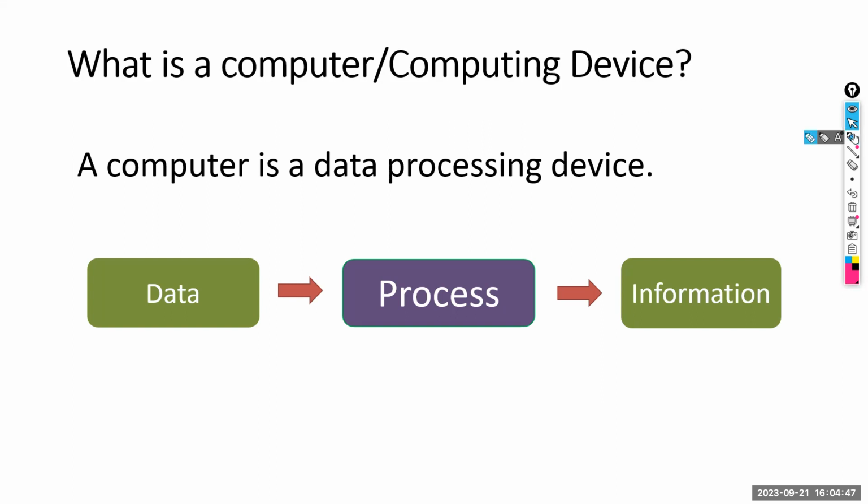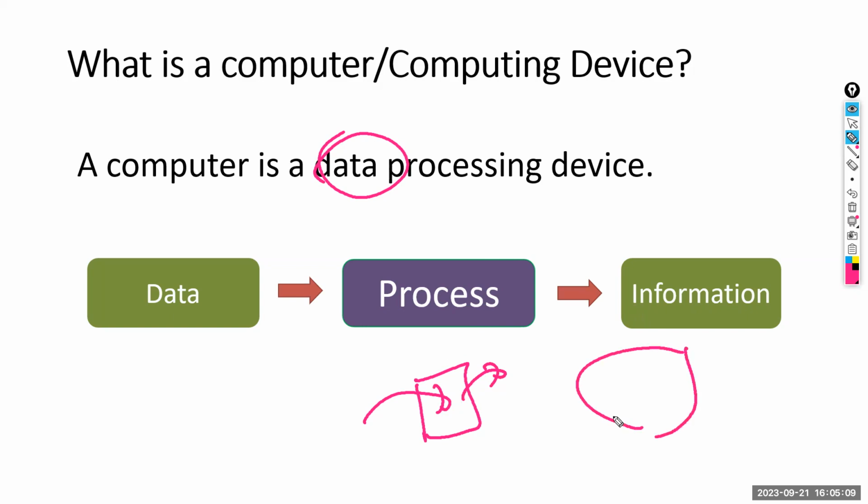So why do you buy a computer? It can be a laptop, it can be a smartphone, it can be a desktop, because you want to process data, right? So why do we buy a washing machine? Because we want to clean dirty clothes. Why do we buy a blender? Because we want to blend ingredients, right?